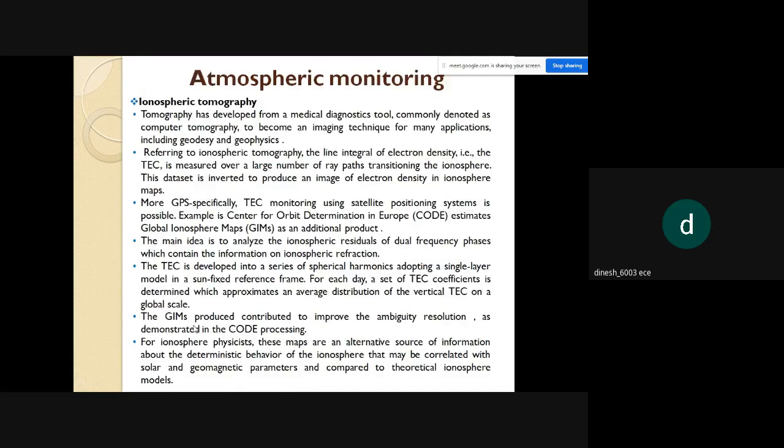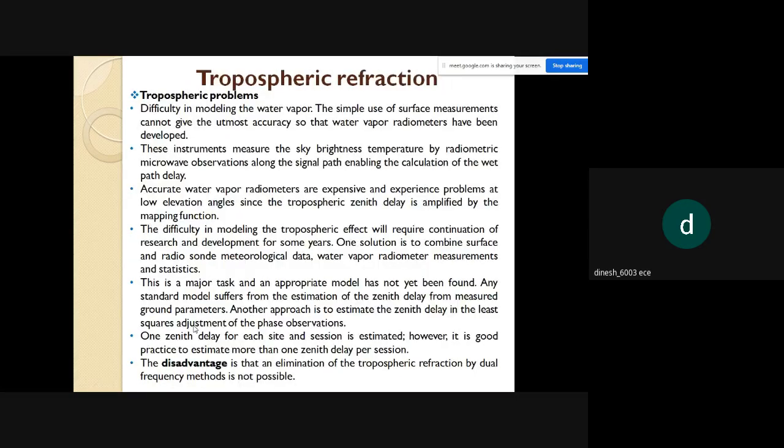Next are the problems that we face in modeling the water vapor content of the troposphere. The difficulty is that a simple use of surface measurements cannot give the accuracy.